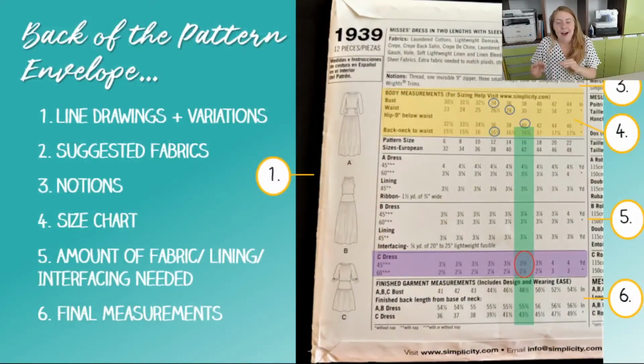How exciting! Okay, so the last thing on here is final measurements. And honestly, I've rarely looked at this section, okay? So yes, it is useful, but we're not going to go into it in depth here because it's not so much for when you're just getting started, okay?